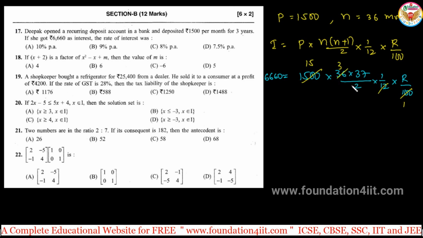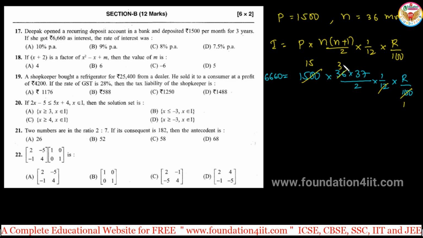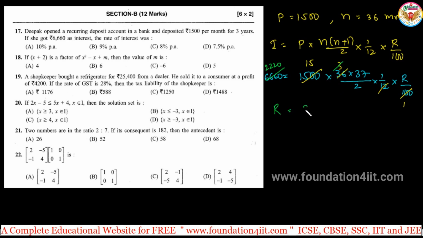Make the calculations fast and you can get the answer also fast, but don't make mistakes in that. And 15 into 3 into 37 divided by 2. You can also do cancelling. That is 3 table directly here. 2 2 2 0. Again 15 into, so finally R is equal to 2220.